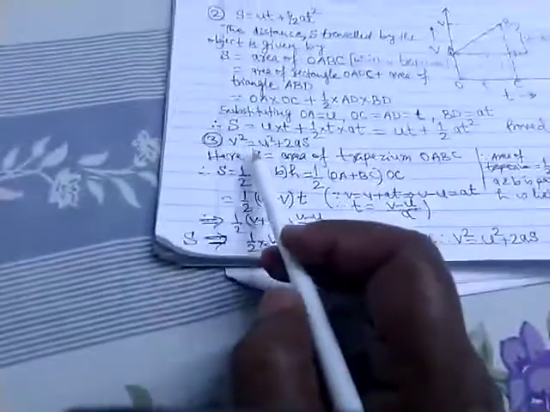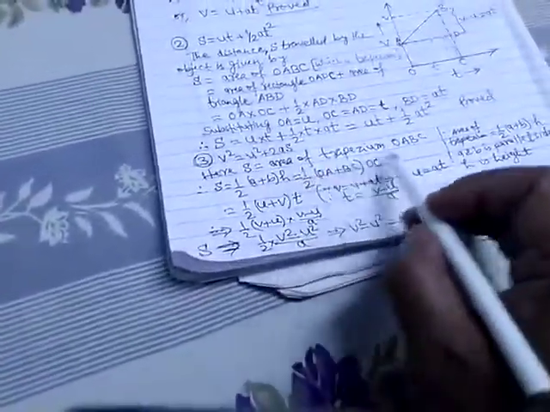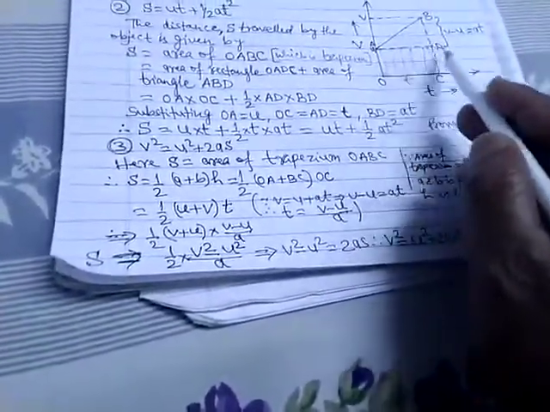Similarly, the third and last equation of motion: v square is equal to u square plus 2as. Here also I will draw this figure, and here I take the area of trapezium OABC. We know that the area of a trapezium is half the sum of the parallel lines into the height.